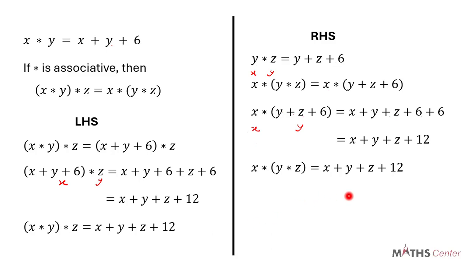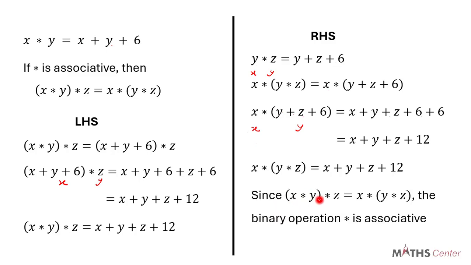And the right hand side, x star (y star z), is x plus y plus z plus 12. By comparison, we can see that (x star y) star z is equal to x star (y star z), and so the binary operation star is associative.